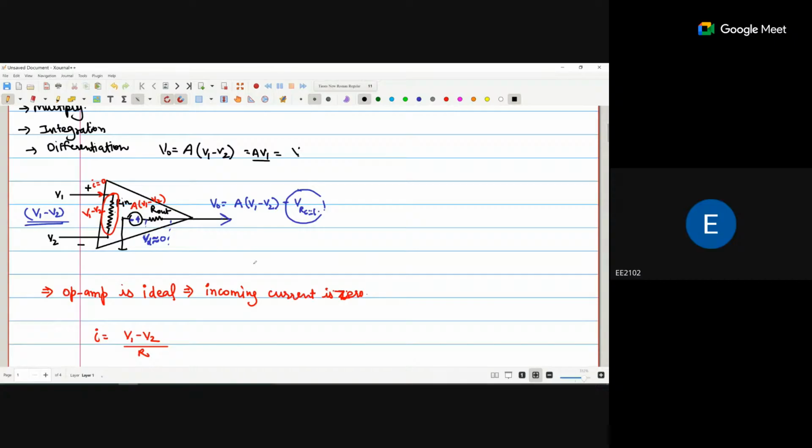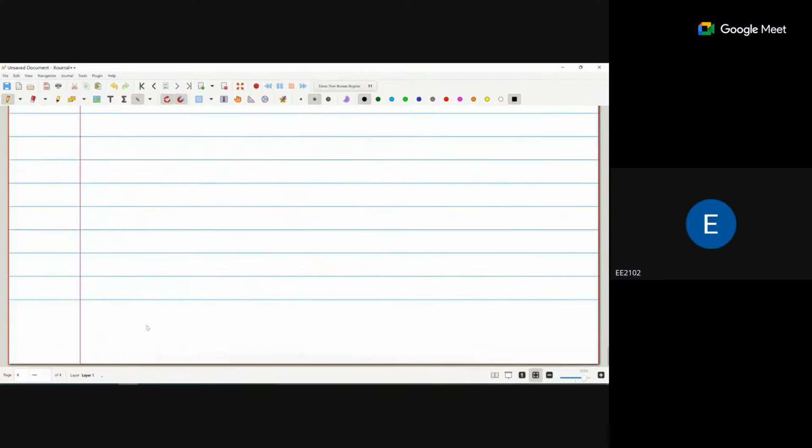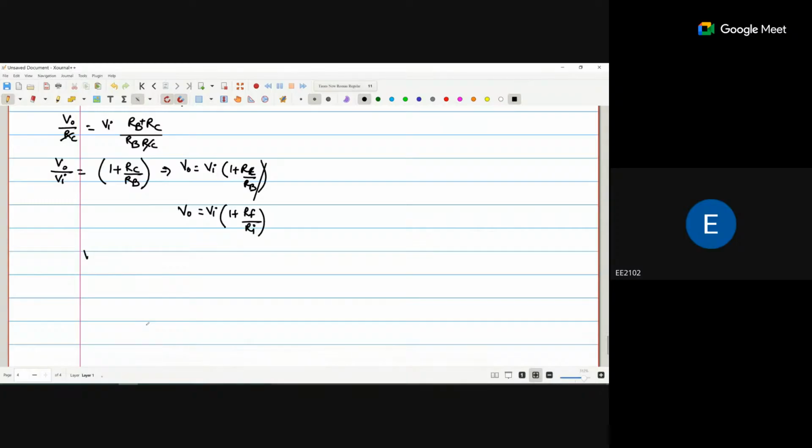V0 is equal to Vi times A, that is equal to Vi times 1 plus RF by RI.